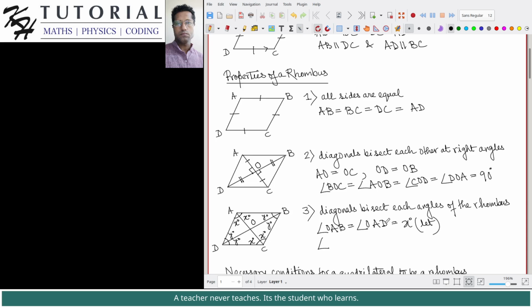This is coming from the fact that the diagonal AC is bisecting the angle A. Also, since the diagonal BD will bisect the angle B, we will have angle OBA equal to angle OBC equal to y degree. We are just assuming this, we don't know x and y.